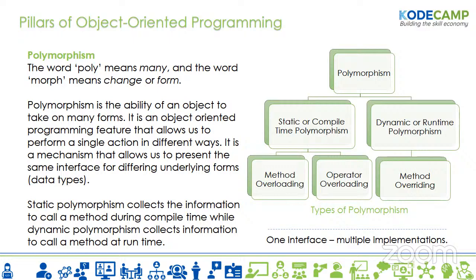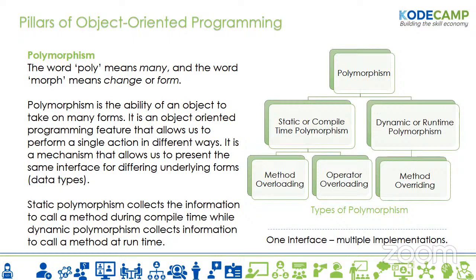It is an object-oriented programming feature that allows us to perform a single action or a single method. Okay, because when you see the word action there, it's basically describing a method. So it allows you to perform a single action or method in different ways.